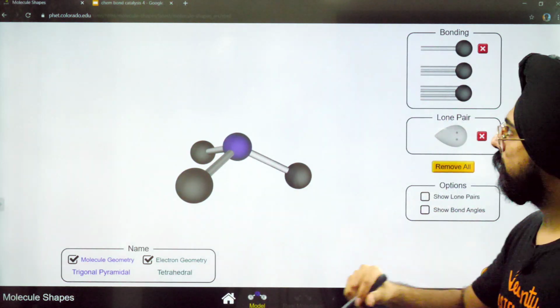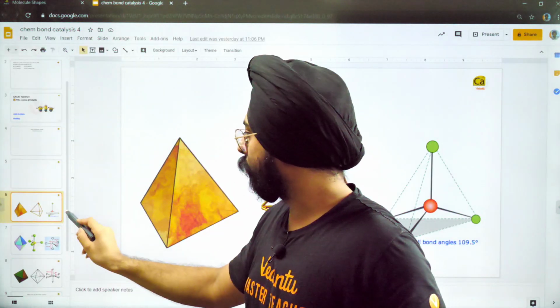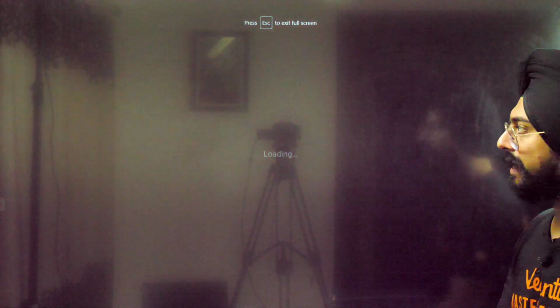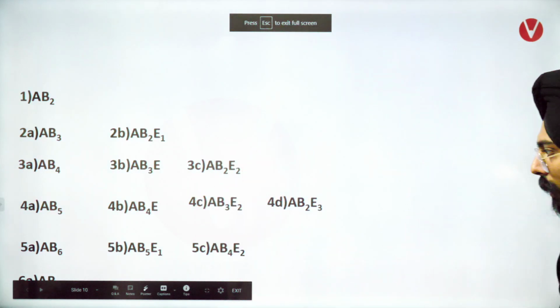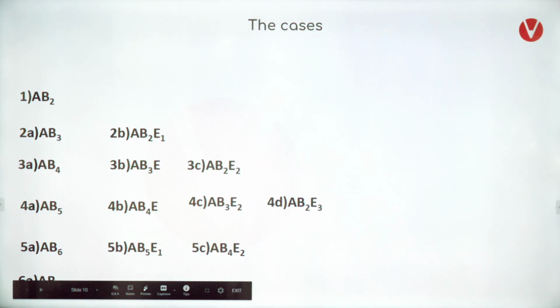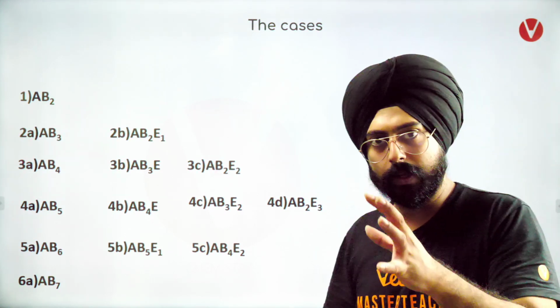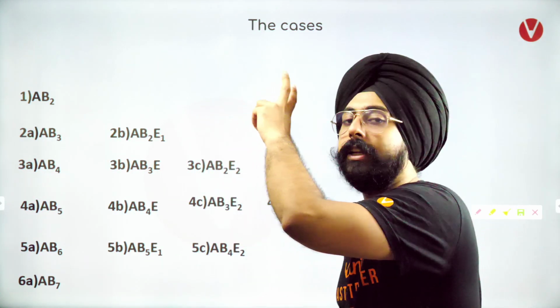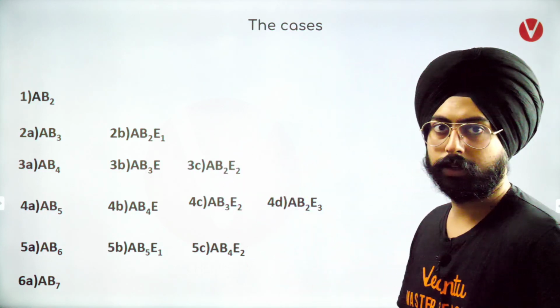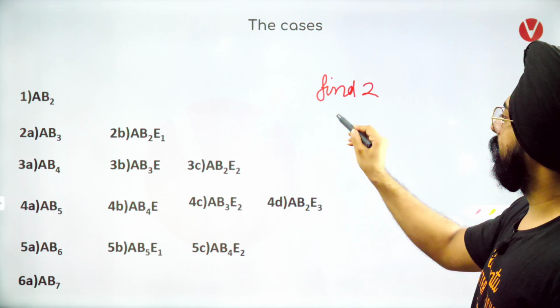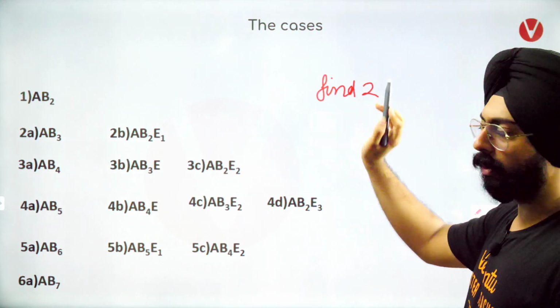So one last piece of self assignment, one last piece of homework that I have to give you. All of these cases that are there, do me a favor please and do yourself a favor please. You have to find out at least 2 examples of each case. You don't need to answer this in the comment section.